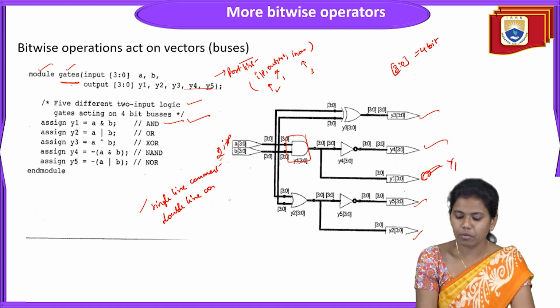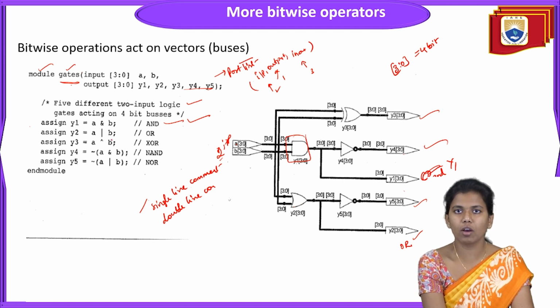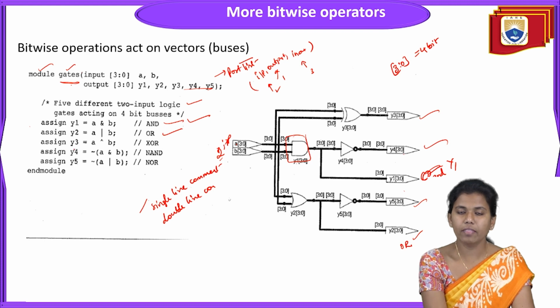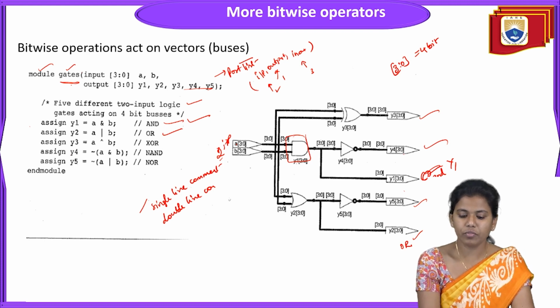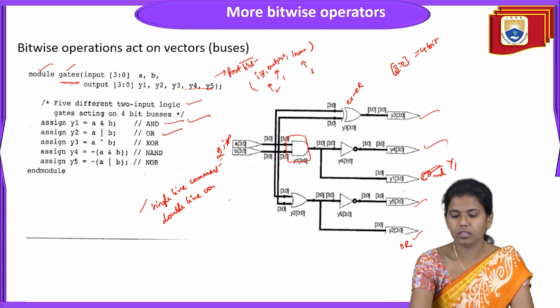My Y2 is over here. So the output is an OR gate, right? So Y2 is equal to A or B. This is done. And then assign Y3. Y3 is XOR. Where is my Y3? Y3 is over here. So this is the XOR gate.